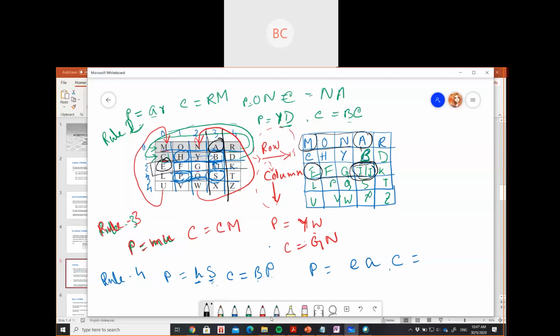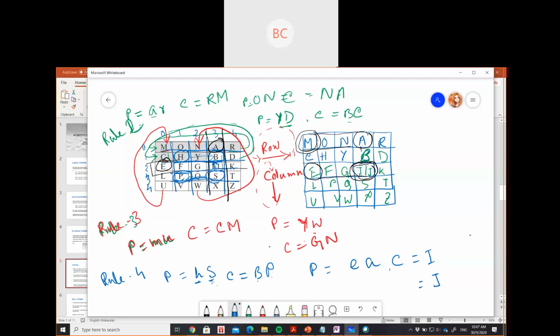Okay, double circling here. So what will be the answer? That means for E, we have two options. Either we can replace it with I, or we can replace it with J. Because I and J, I am counting in this case as one. So here you have two options because A is in this location.